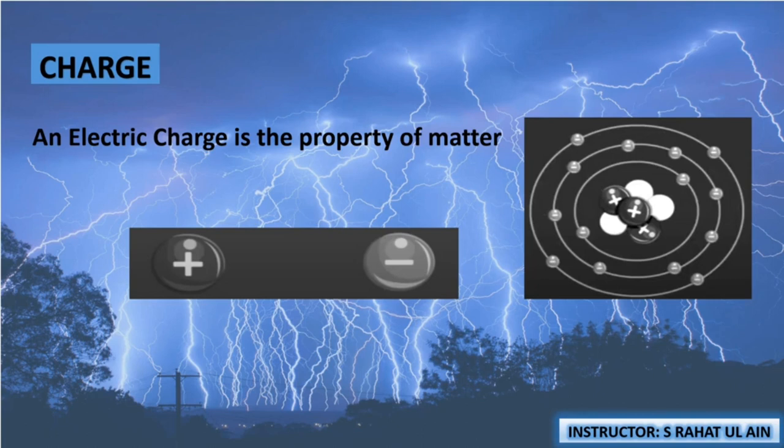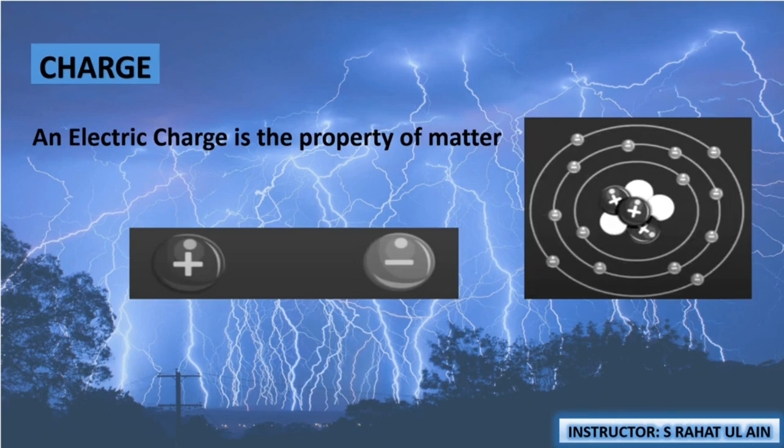So, everything has charge. But if everything has charge, we don't see its effect. Why? Because normally everything is neutral. The number of electrons is equal to the number of protons. Positive charge equals negative charge.